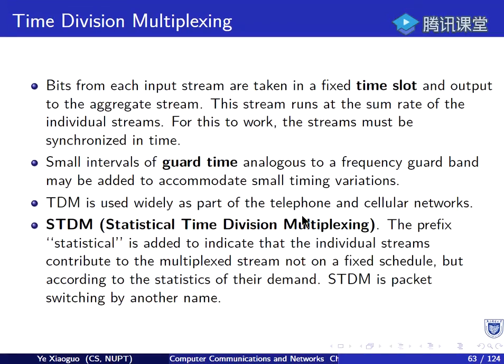Usually, each user occupies a narrow time slot. Bits from each input stream are taken in a fixed time slot and output to an aggregate stream. This stream runs at the sum rate of the individual streams. For this to work, the streams must be synchronized in time. Small intervals of guard time, analogous to a frequency guard band, may be added to accommodate small timing variations.